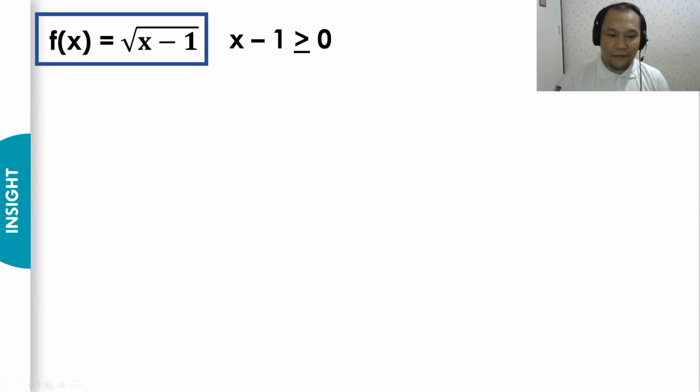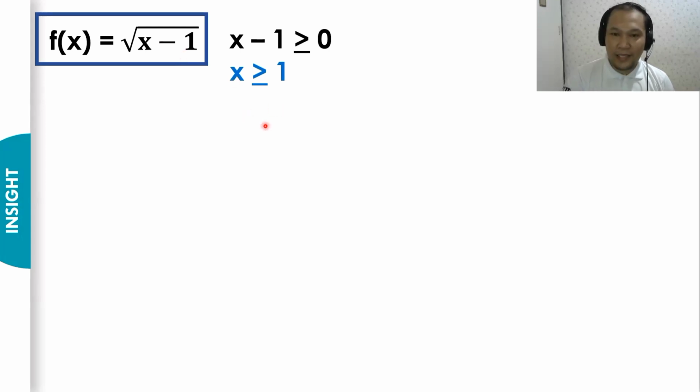Okay? And then after that, we are going to transpose negative 1 to the right side of our inequality. Okay, we now have x is greater than or equal to positive 1. Therefore, the value of x here will be from 1 to positive infinity.